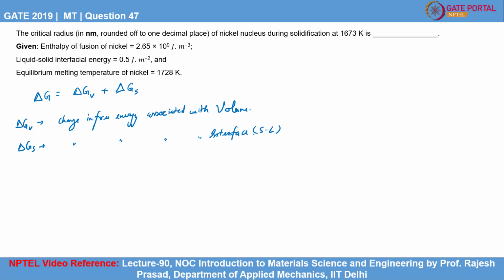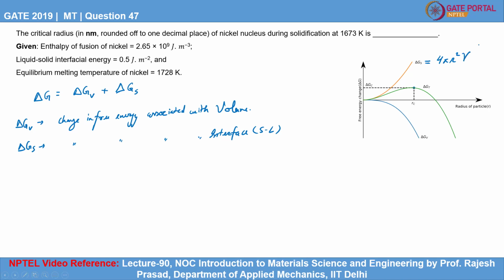So if you look at the G versus r curve, free energy change, here delta Gs represents the change in free energy associated with the interface. It shows the amount of energy needed. The delta Gs tells us the amount of energy that is needed to create an interface, and mathematically it is the surface area of a sphere, 4 pi r square, into the surface energy.